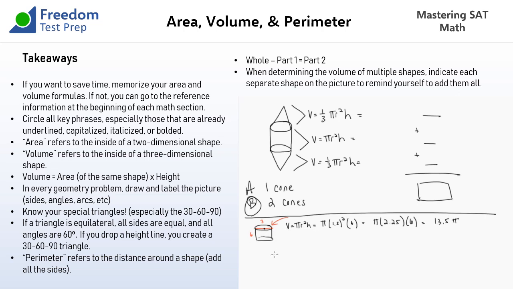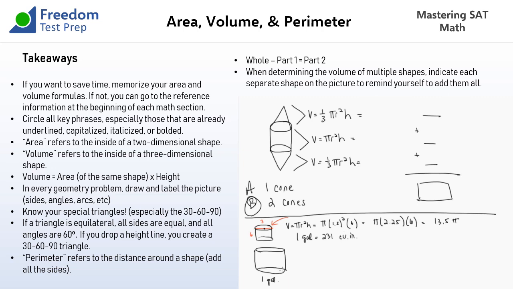Now, let's say the question says, you're going to take this and pour it into this massive container here, right? Another circular container. But this one is 1 gallon, okay? And then they tell you 1 gallon equals 231 cubic inches.